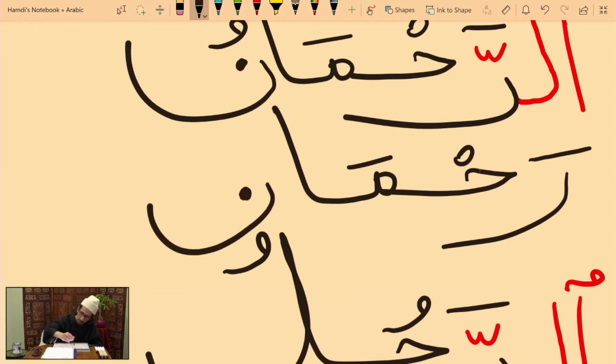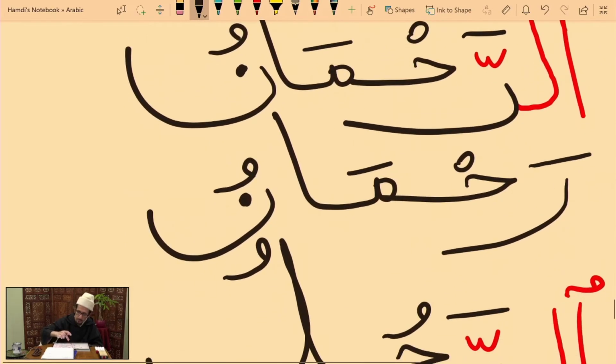It's very important that you take notes with colored pens, to understand the phenomena. So what did we do? We just took off the L, and then we added the movement at the end, and that's Rahmanun.